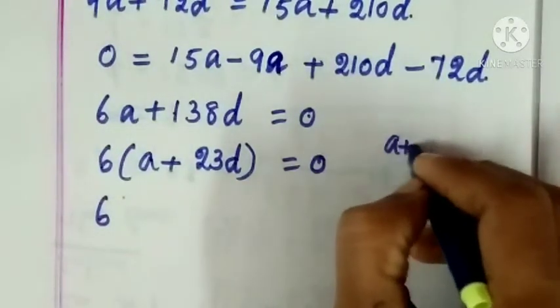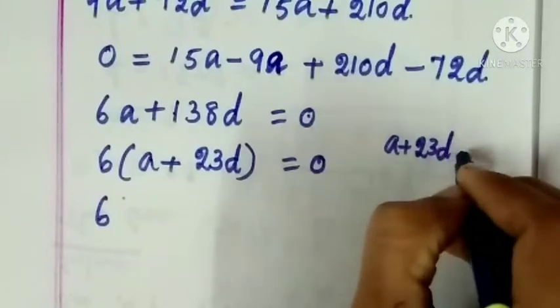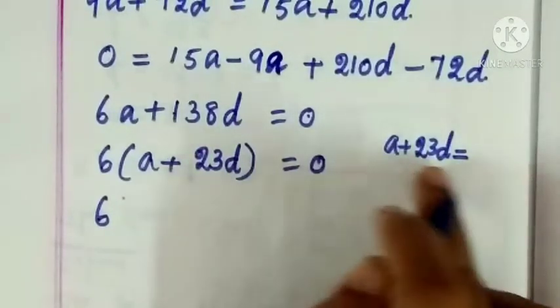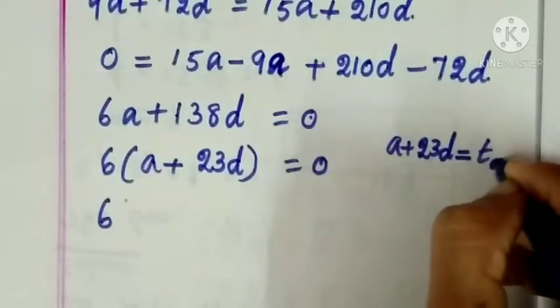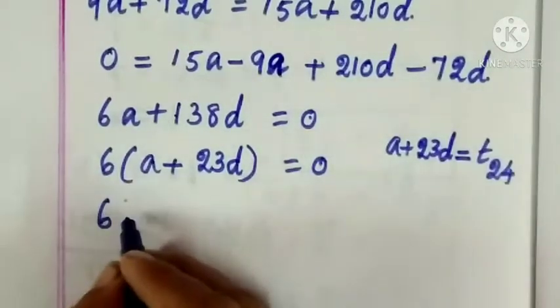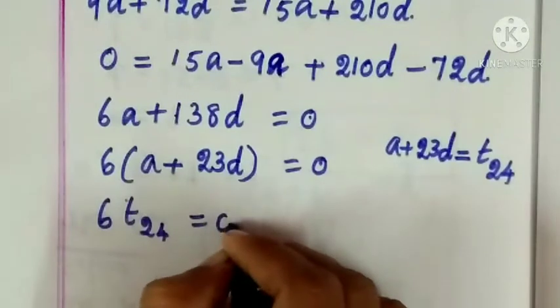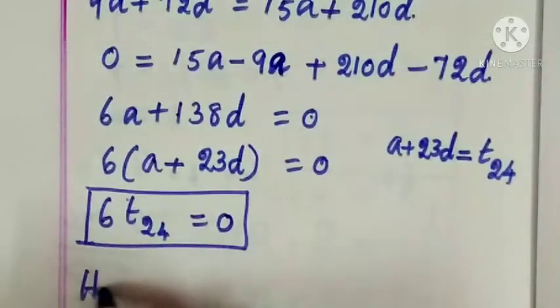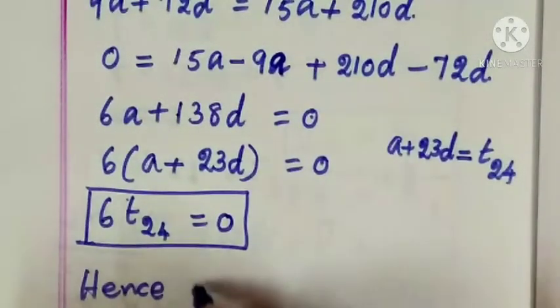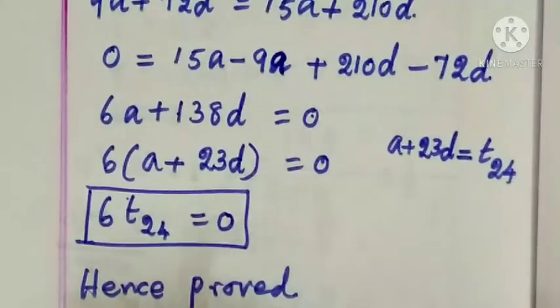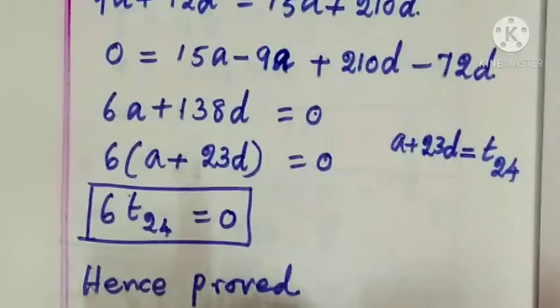A plus 23D is the general form of T24. So 6 into T24 is equal to 0. Hence proved. This is the answer for this question.